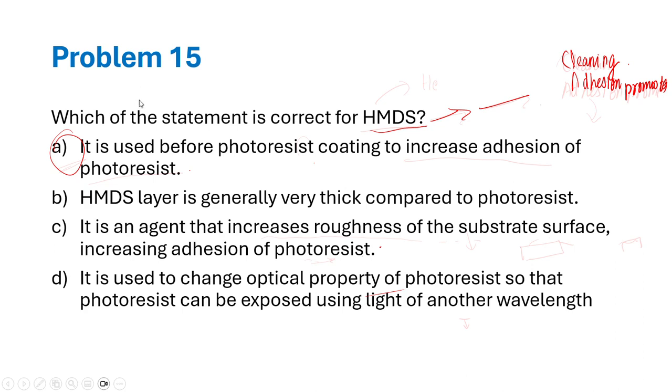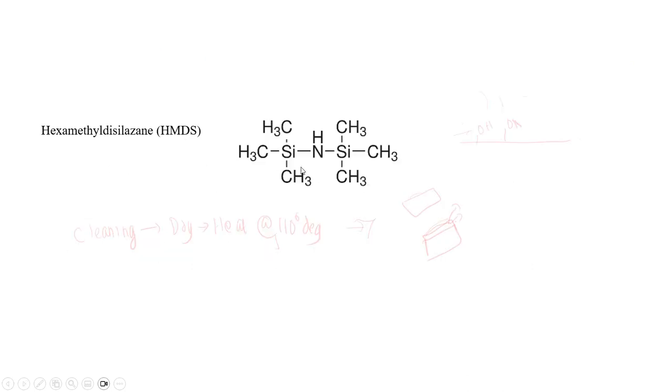So what happens is, on the silicon surface we may have some dangling OH bonds. This will create some sort of strong adhesion, this kind of bonds on the surface. So when we coat the photoresist on top, the adhesion between the photoresist and the silicon surface will be strong.